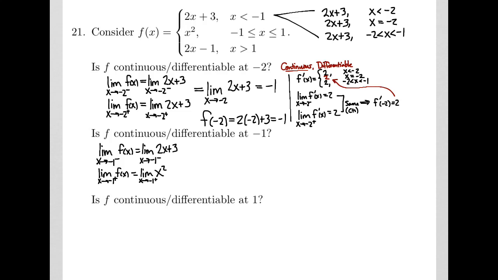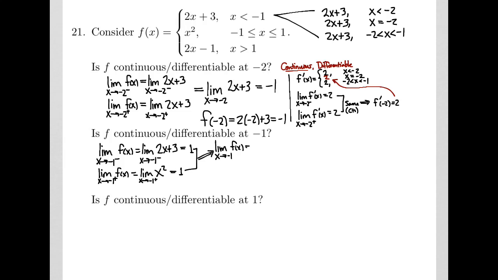So in the first case, I get 2 times -1, -2 plus 3, gives me a value of 1. And if I plug -1 into x squared, I get the value of 1. And so that tells me that the limits agree, and I also need to find the value of my function. So the limits agree. That tells me that I can do a limit without regard to side.